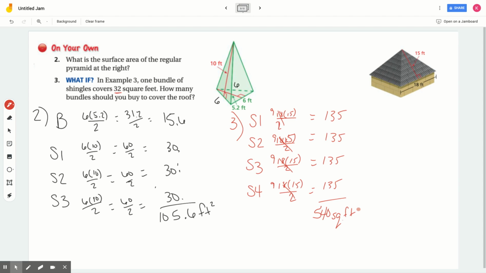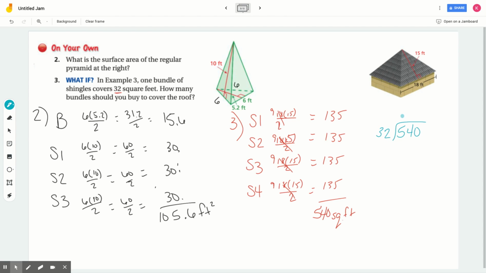Now, if each bundle of shingles covers 32 square feet, how can we figure out how many bundles we need? We're going to need to take this amount, which is our surface area of our roof, and divide it by the number of square feet that each bundle can cover. So 540 divided by 32.